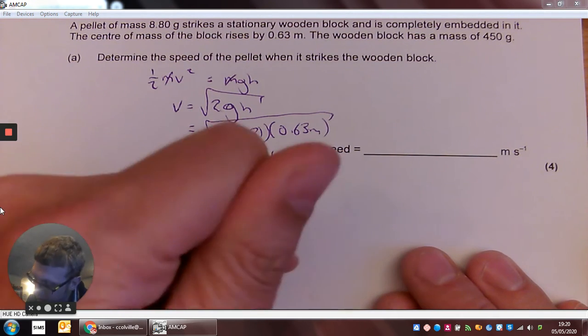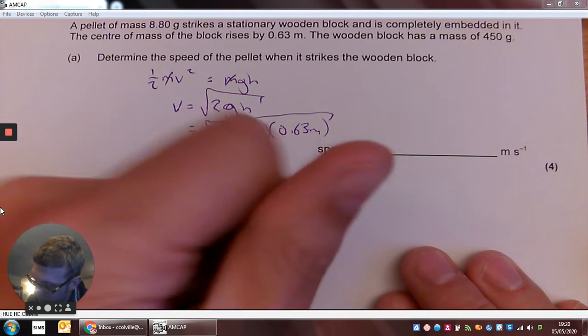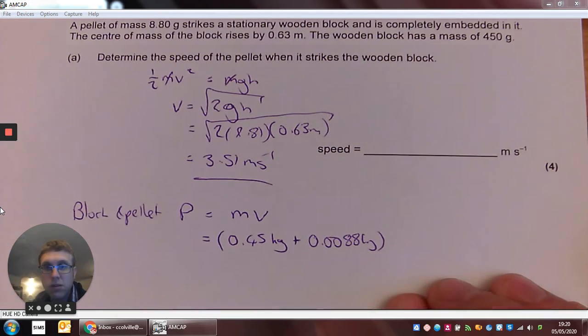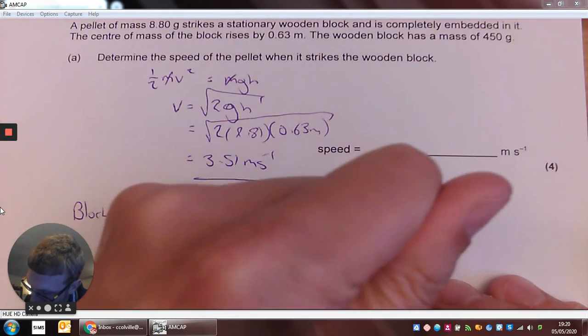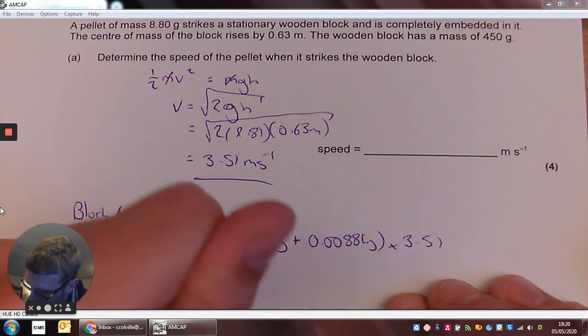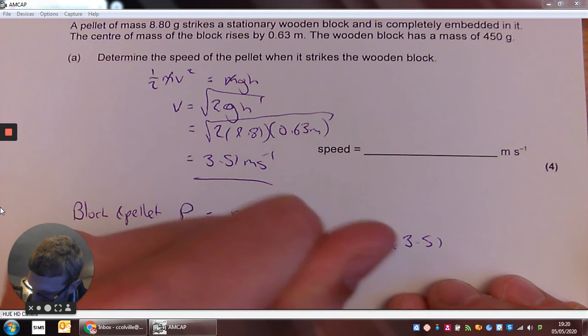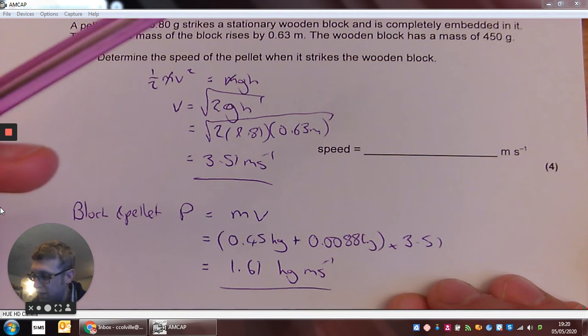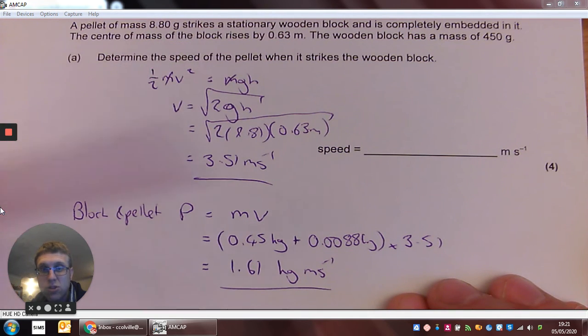I had to convert it from grams, plus the mass of my pellet, times by the velocity. So that will give me a momentum of 1.61. So I now know the momentum of the block and the pellet just after collision.